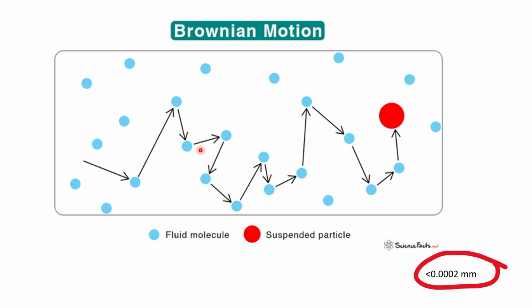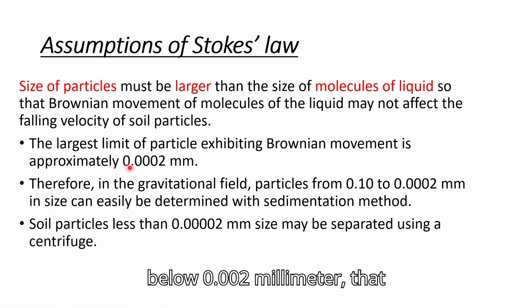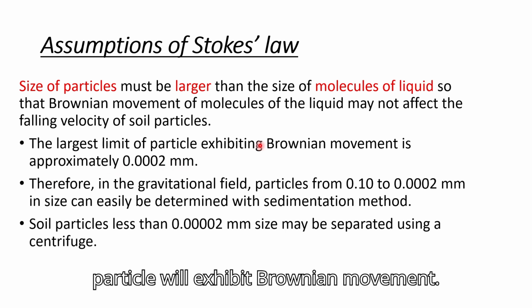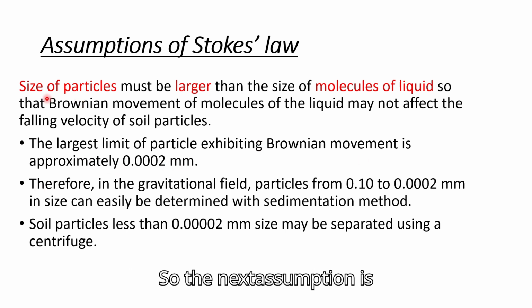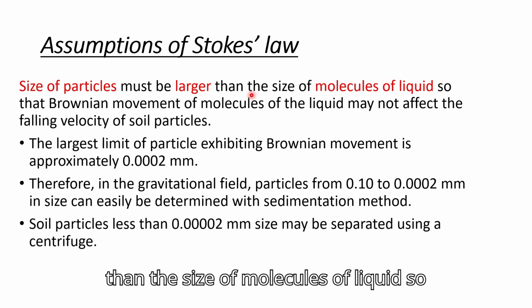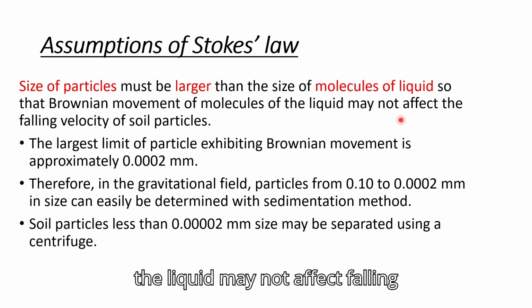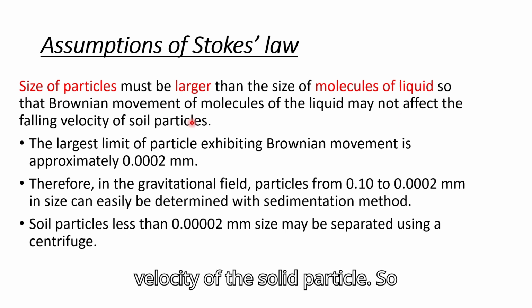If the size is below 0.002 millimeter, that particle will exhibit Brownian movement. So the next assumption is that the size of particles must be larger than the size of the molecules of the liquid, so that Brownian movement of the liquid molecules may not affect the falling velocity of the solid particle.